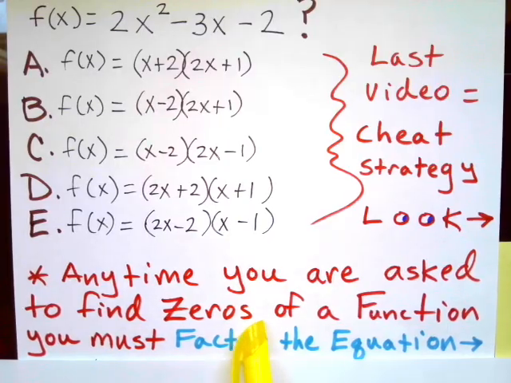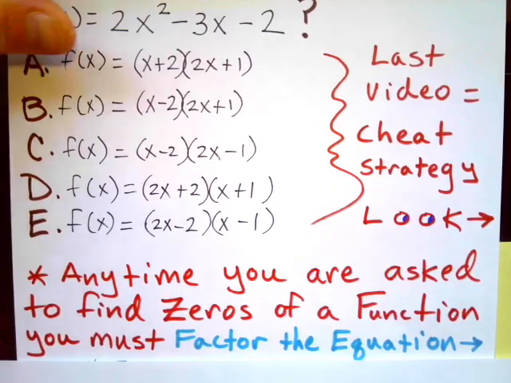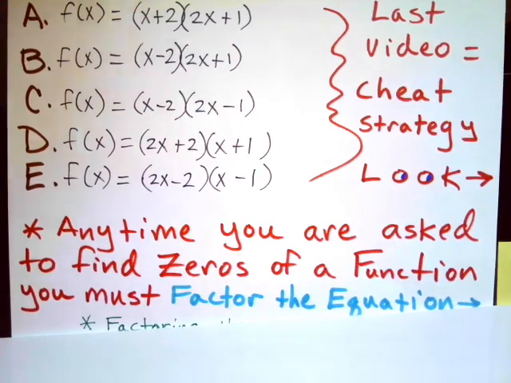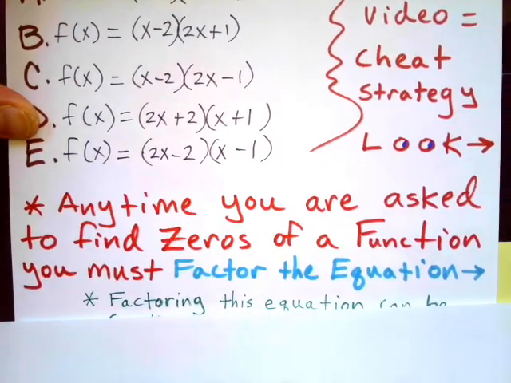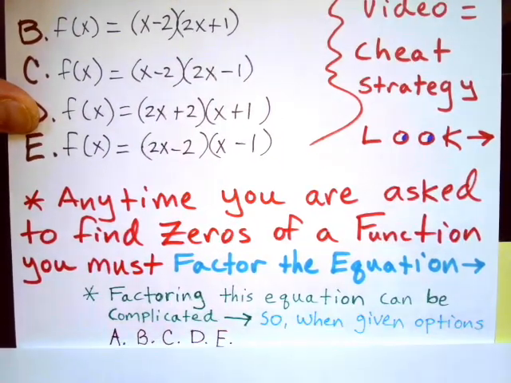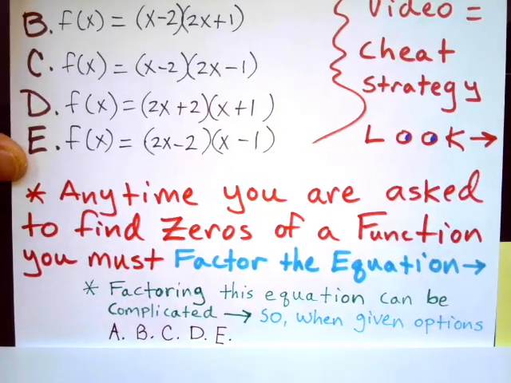I've created a bunch of test questions for finding zeros. I've also created a bunch of videos on how to factor the equation. Check out my videos on my account, and that will help you in understanding what you need to do in order to factor.